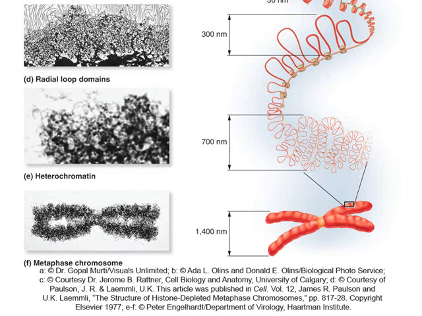That 30 nanometer fiber interacts with the nuclear matrix to form our radial loop domains. Those radial loop domains will form bigger loops, so we'll end up with heterochromatin that'll condense down into the chromosome at the bottom. And that's the chromosome that we generally think of when we think of chromosomes. So these chromosomes are chock full of DNA wrapped around all these proteins, folded all together in these loops, and really, really condensed.